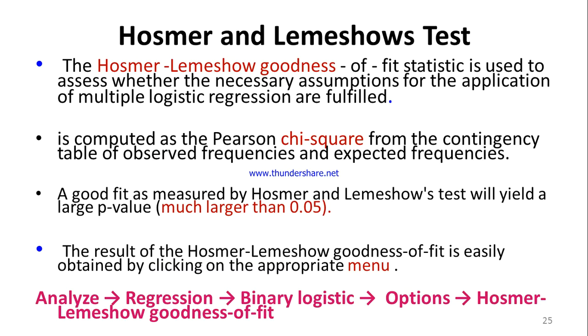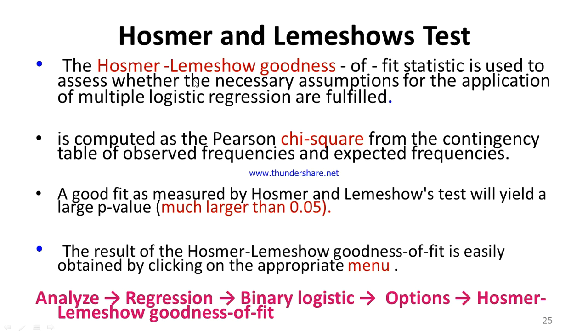Another most important requirement for logistic regression is the model fitness, or goodness of fit. This is very critical and has to be checked, and it is measured by the Hosmer and Lemeshow test. Hosmer and Lemeshow are names of statisticians. I think they are still alive and teaching at the London School of Hygiene and Tropical Medicine.